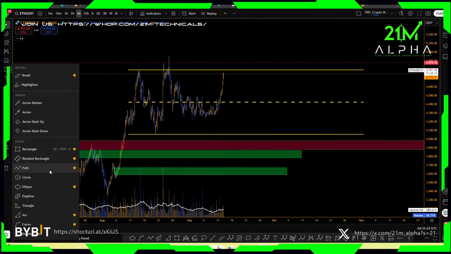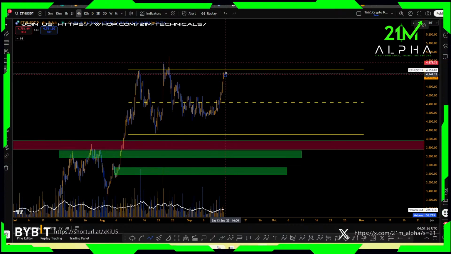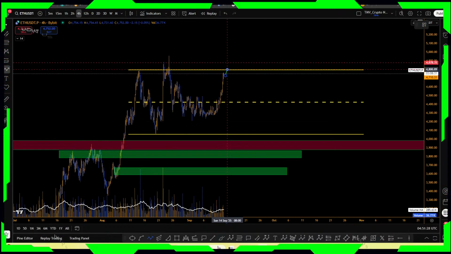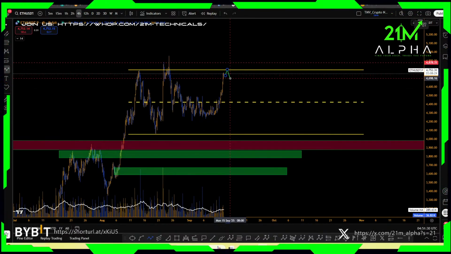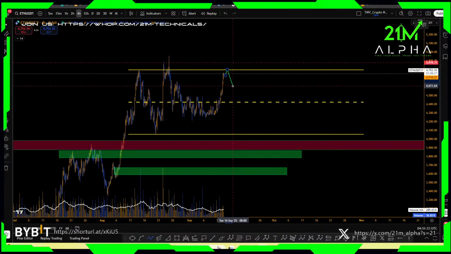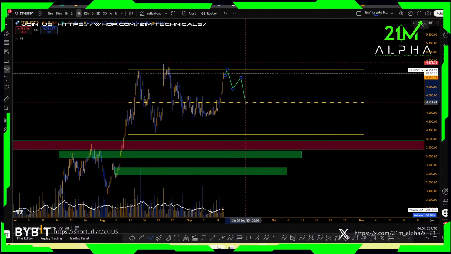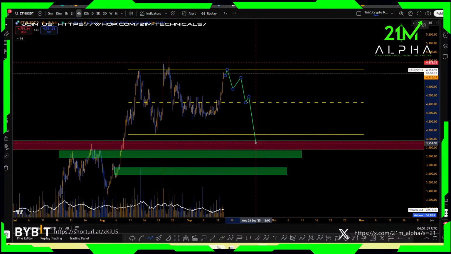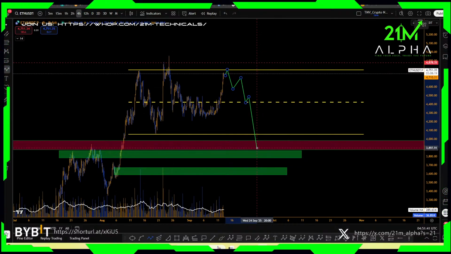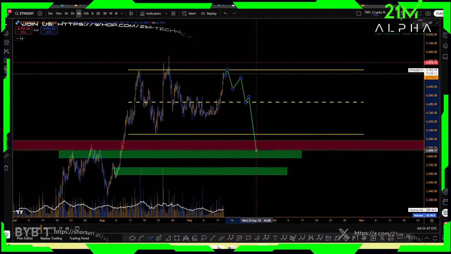Now, there are two possibilities from here. We go up to 4,800, which is also your 0.786 Fibonacci level. From there we start rejecting, come back down to 4,419, and sweep these lows to go into my support, anywhere from 3,981 to 3,876.